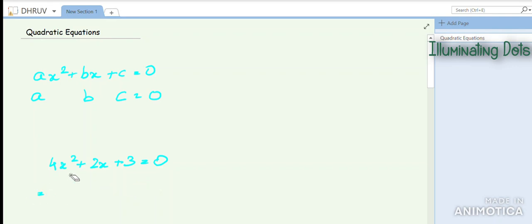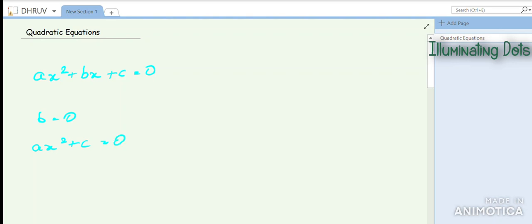Now next thing, there are exceptions as well. What are the exceptions? If the value of b is equals to 0, then at that time b into x becomes 0 into x, that is 0. So simply writing, it will become as ax square plus c is equals to 0.